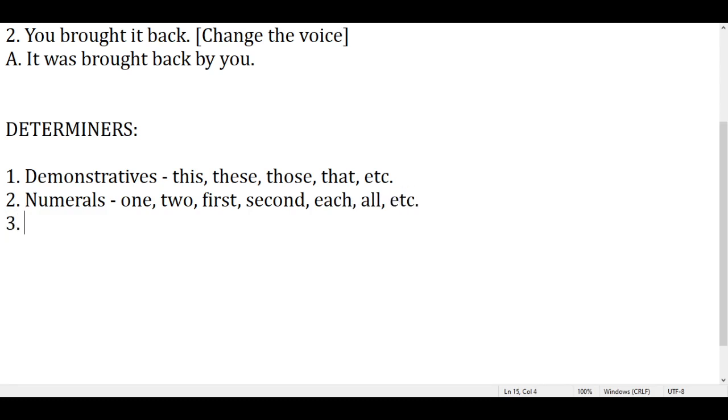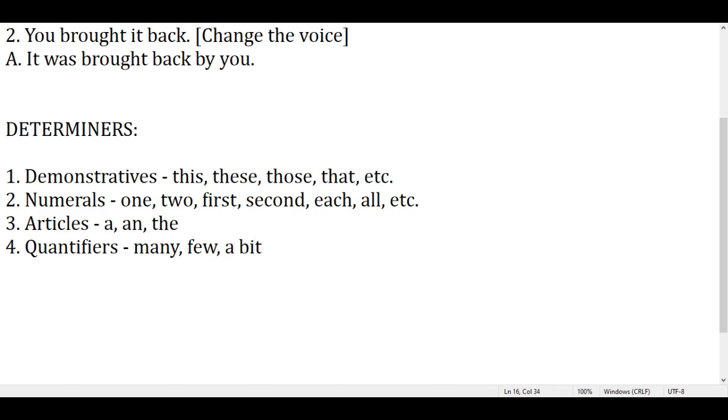Enough of this. The next is articles. Now this is simple: a, an, the. For the fourth one, you have quantifiers. When I say quantifiers, I mean many, few, a bit.